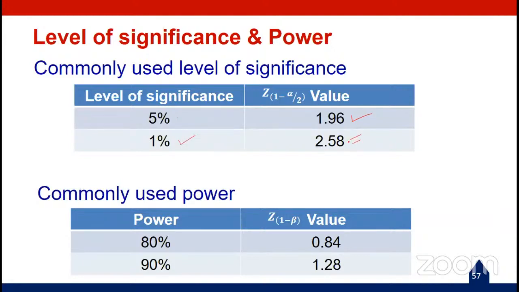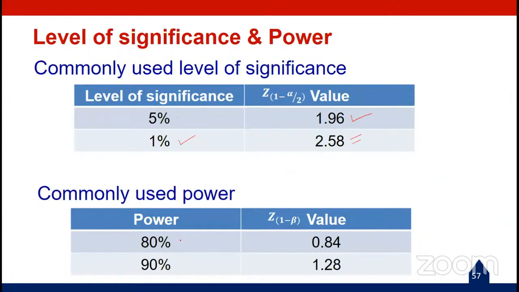It is the same. Previously, Z value at 95% confidence level we used 1.96. At 99% confidence level we use 2.58. The terminologies are different. In estimation cases, we use the term level of confidence, whereas here in studies which involve hypothesis testing, we use the term level of significance.